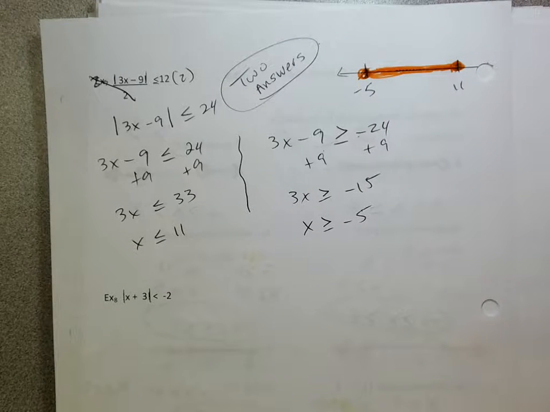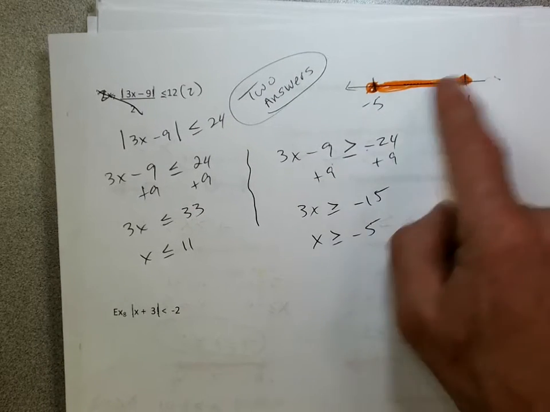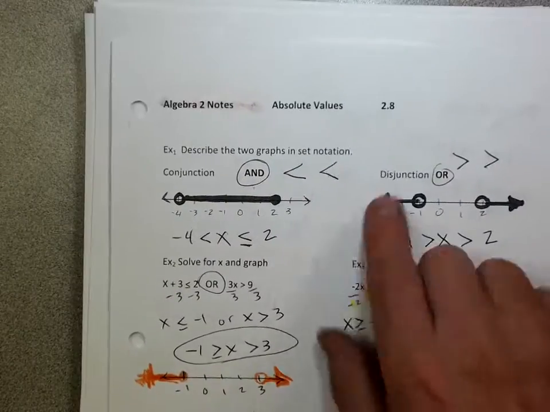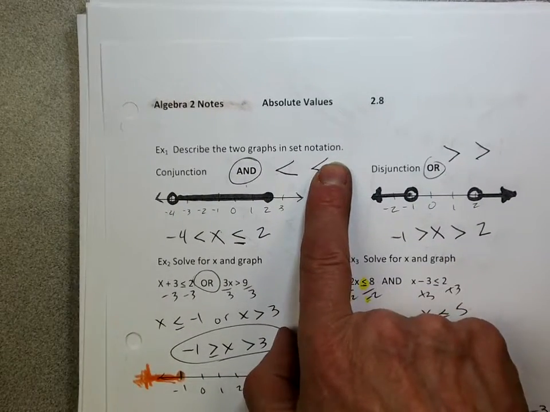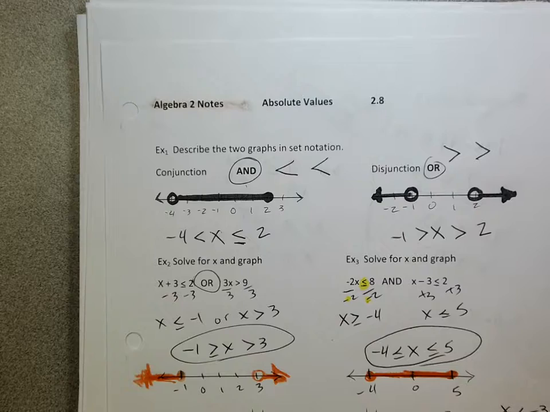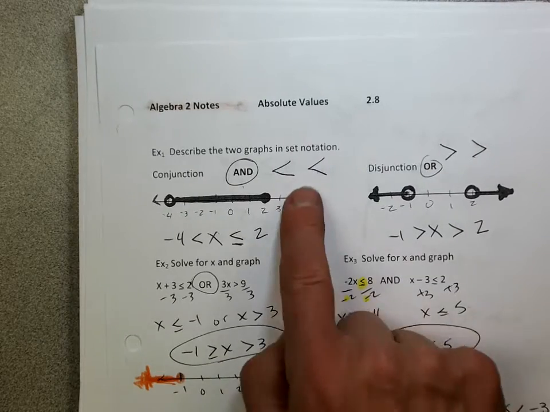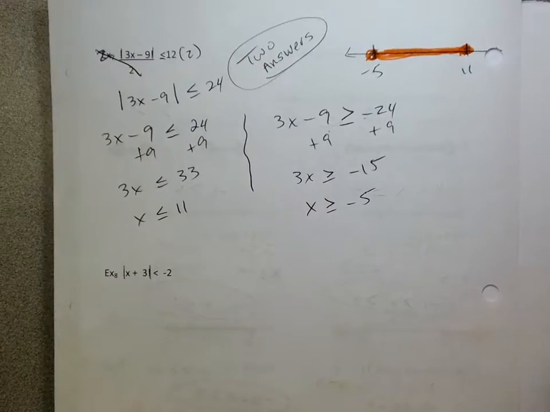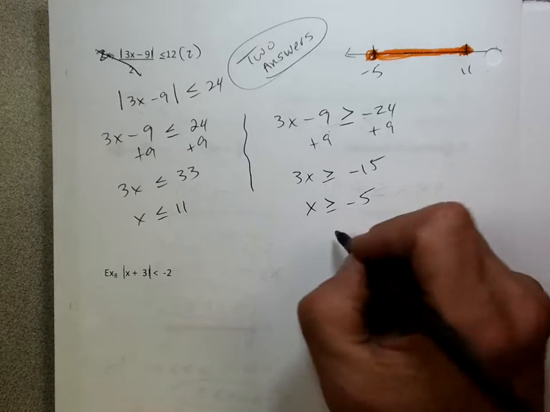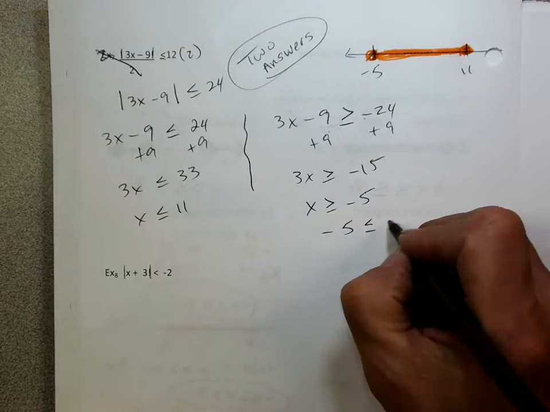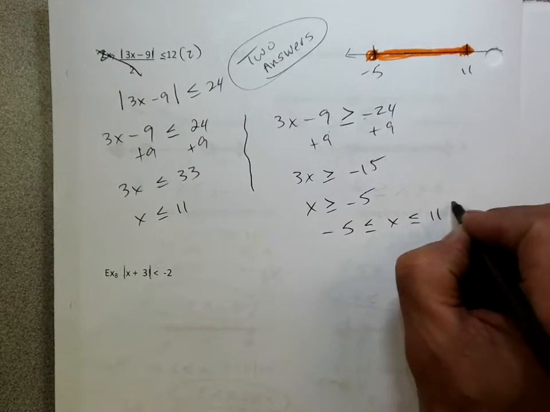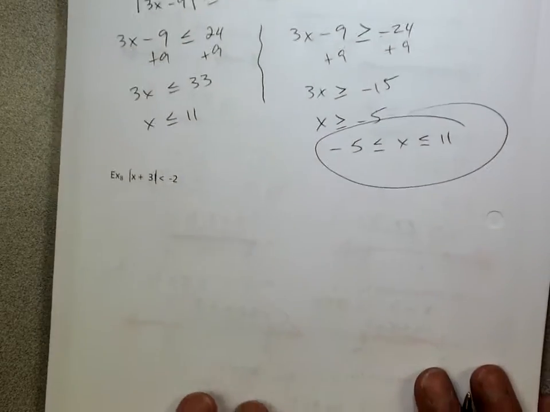If I needed to write it as a compound statement, I know that if it overlaps like this, then I'm going to call it an AND statement. I'm going to use my little arrows both going to the left, right? So we're going to write it as negative 5 is less than or equal to x, which is less than or equal to 11. There's my compound statement.